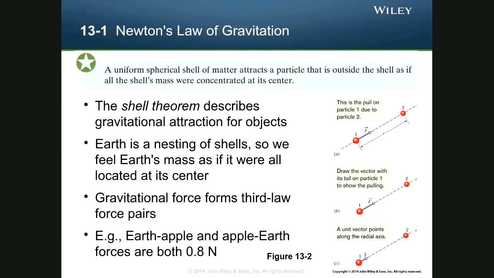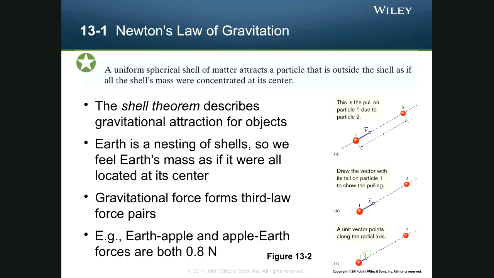So that's one thing you'll notice: you pick a particle, that will be your reference particle, and you can draw the unit vector with its tail on particle 1, and you can show that it's being attracted to particle 2. All right, so the unit vector, of course, r hat, will only have that length of 1 from particle 2 and point in that direction.